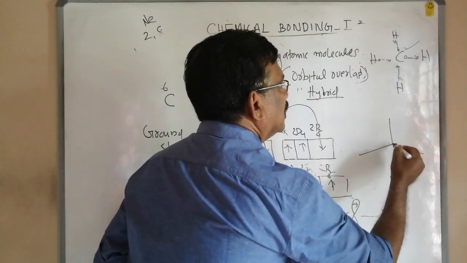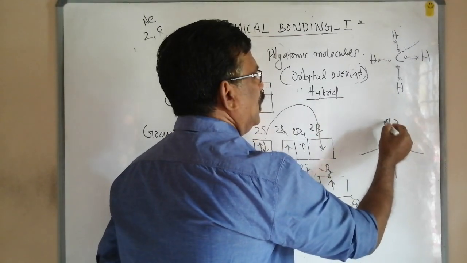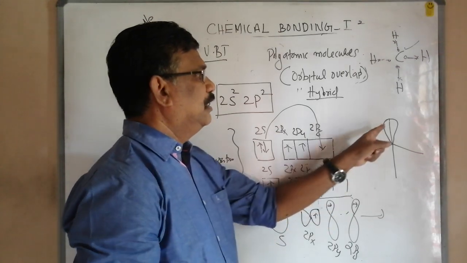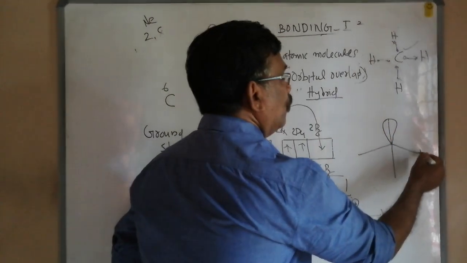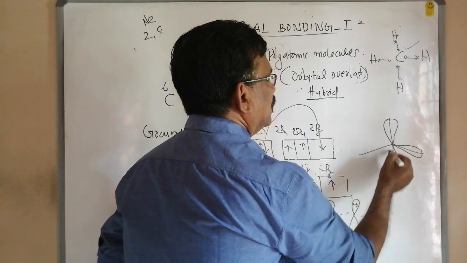Like this, a p orbital has 2 lobes, but for a hybrid orbital, there is only 1 major lobe. This is 1 orbital with 2 lobes. After mixing, we get only 1 orbital, so 4 orbitals in total.